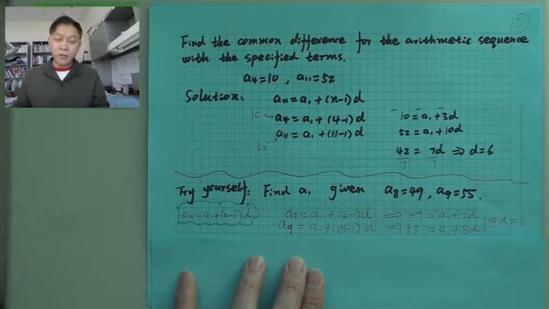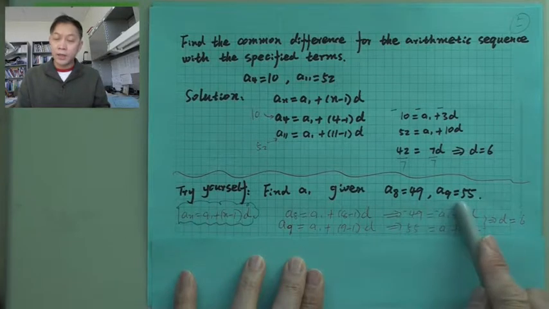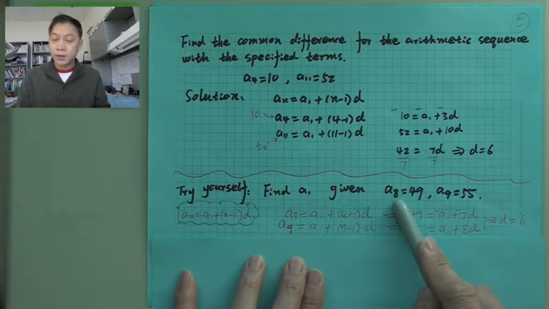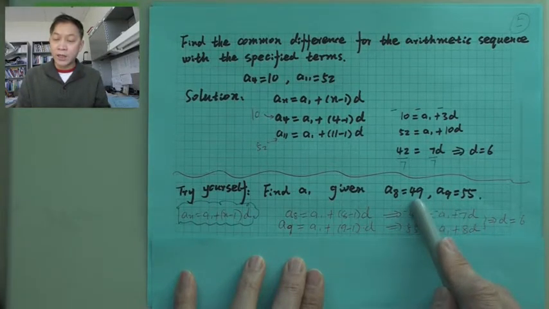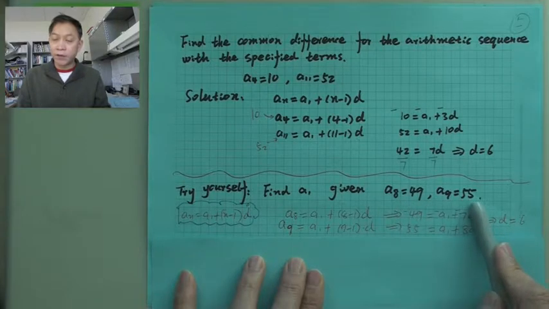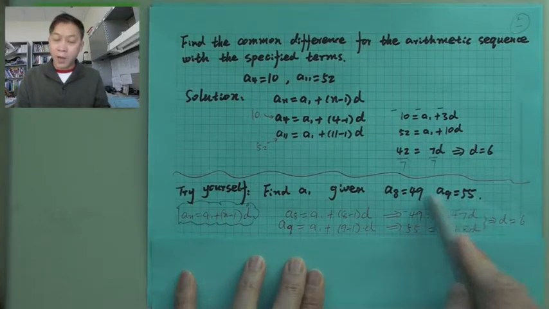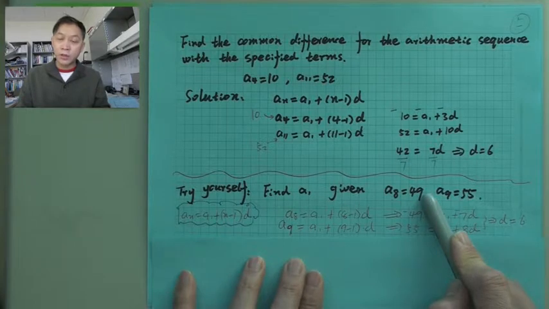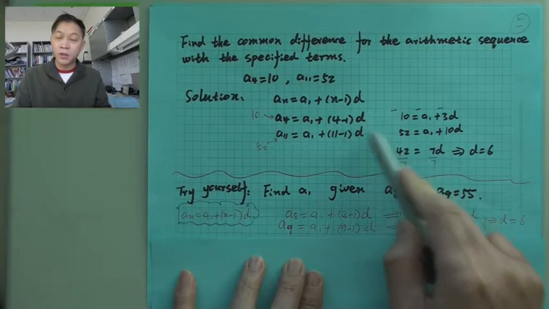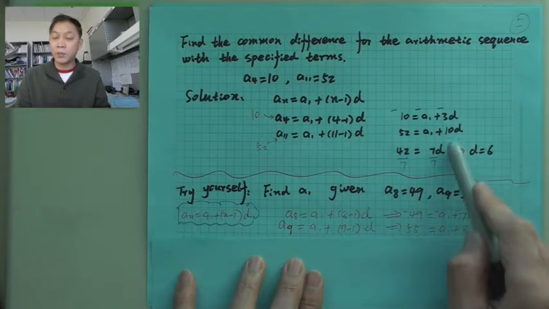Here, we may use a different way. We know A8 and A9, one is 49, one is 55. Those two terms follow each other, so 55 minus 49 will give us D. We don't have to solve for D in the complicated way.